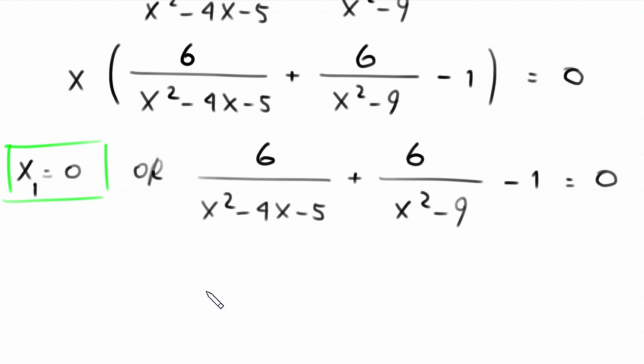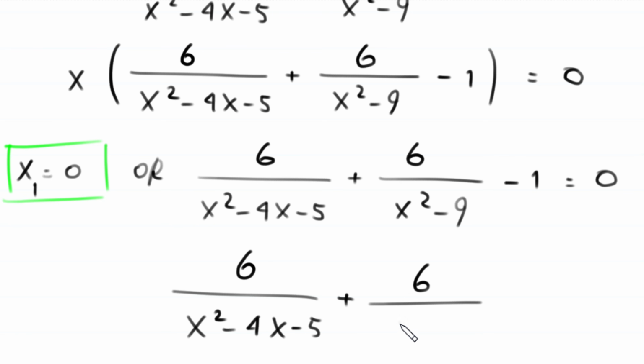To find other solutions, we solve this equation. Move this negative 1 to the right hand side, this will become 6 divided by x squared minus 4x minus 5 plus 6 divided by x squared minus 9 equal to 1.